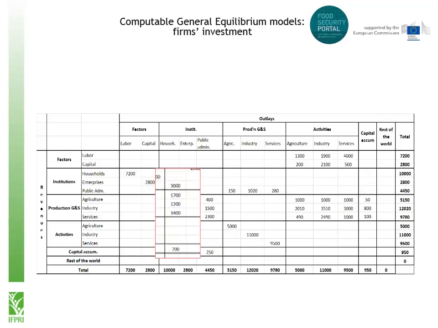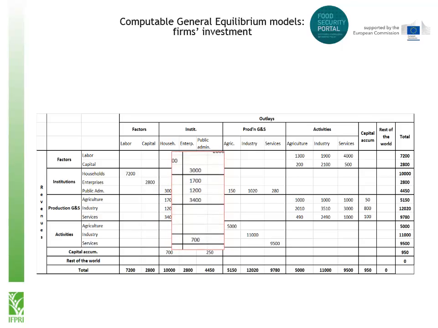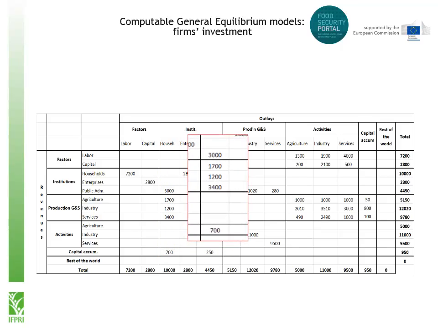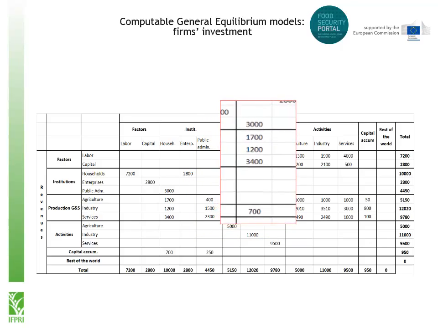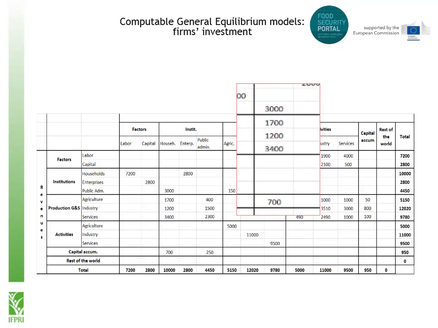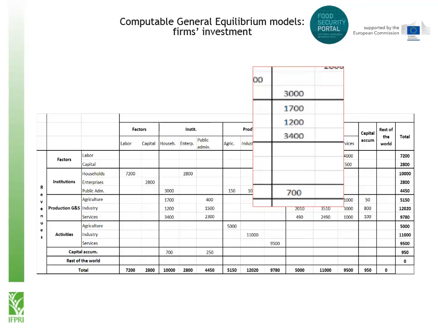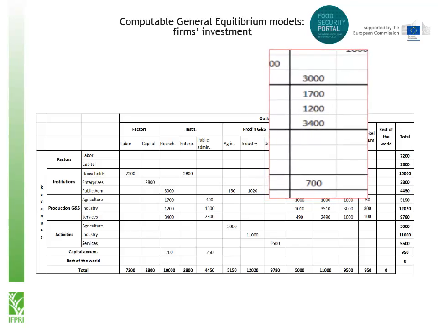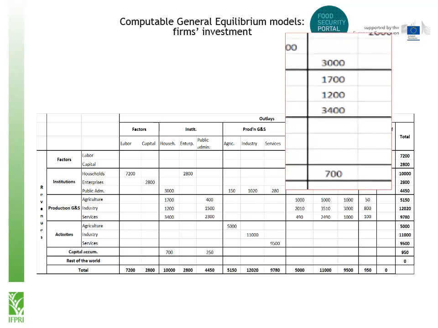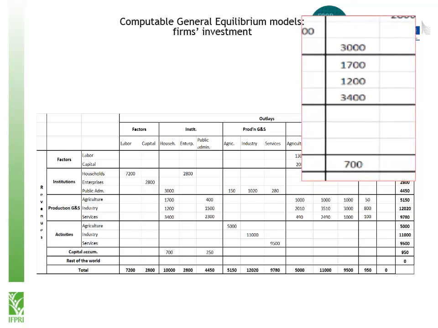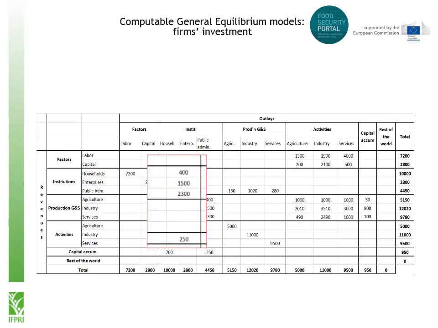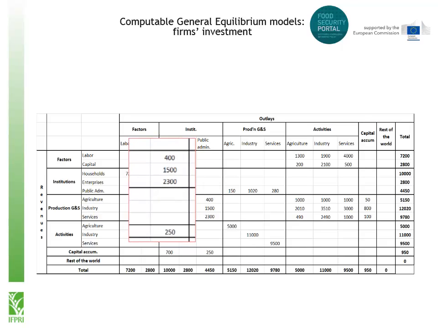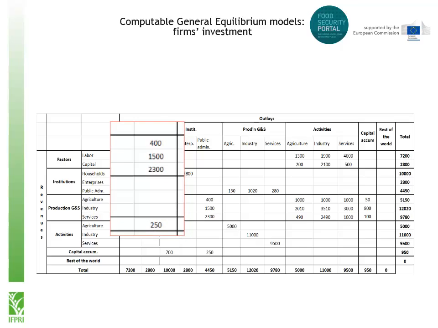So with this income, which is a total of 10,000, households can pay the income tax, which is 3,000, can also finance a final consumption in each sector, agriculture, industry, and services, and the rest is saved. That is to say, there is a capacity of financing by households of 700. Consider now public administration. There is a demand in each sector, 400, 1,500, and 2,300.